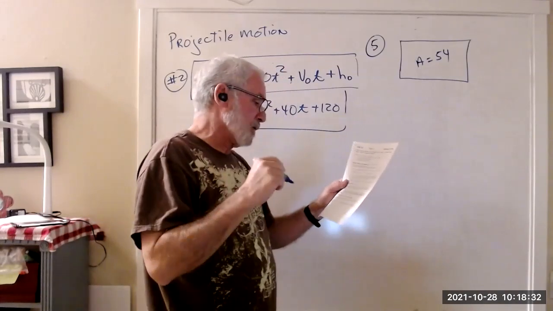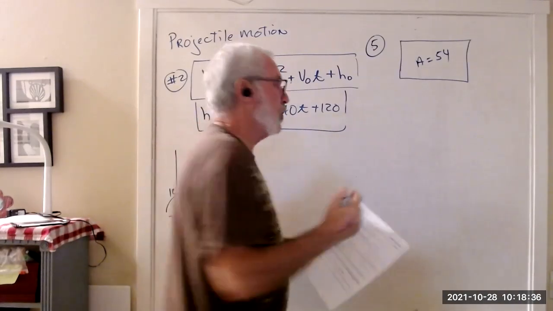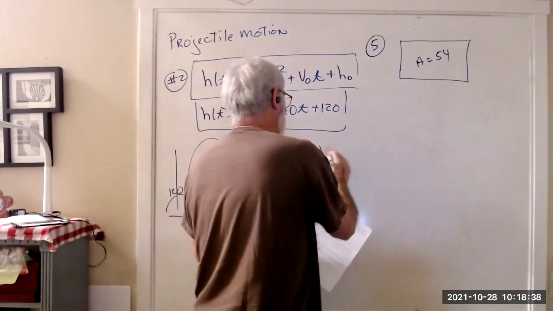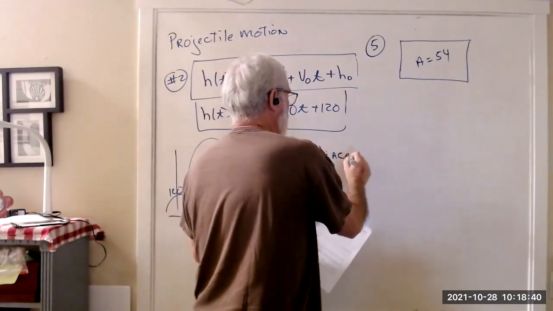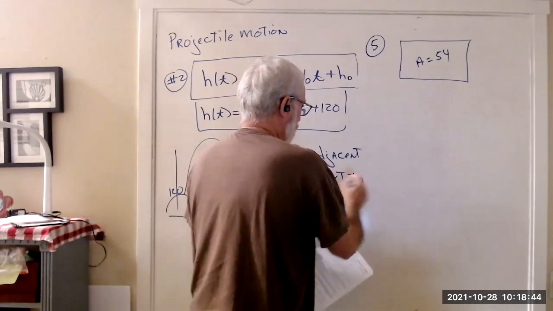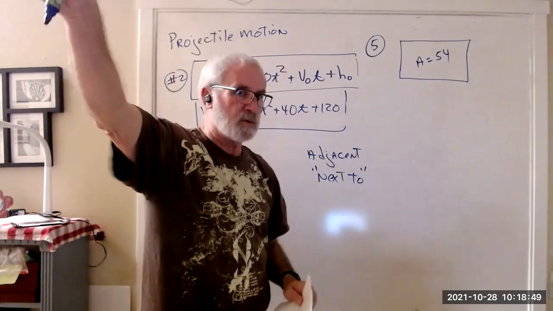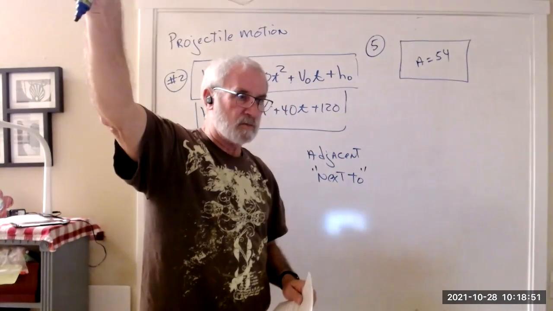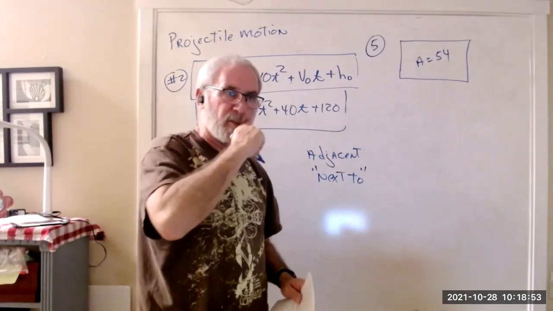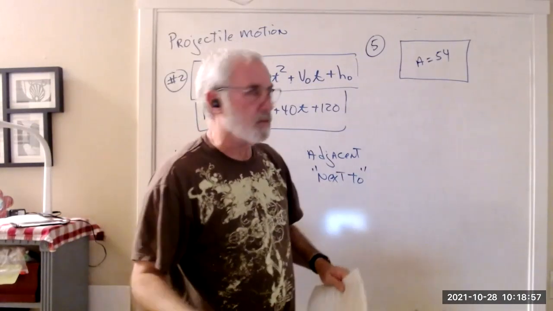One side is 6 less than its adjacent. The word adjacent, A-D-J-A-C-E-N-T, means next to. The house adjacent to me is the house next to me. The car adjacent to me in the line is the car next to me.